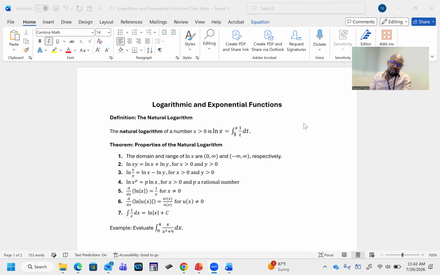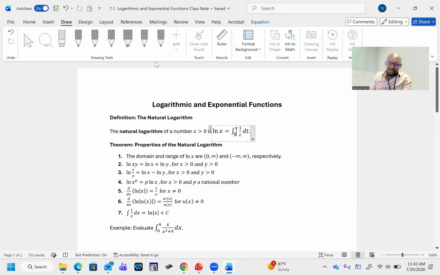So whatever inner function you have, to find its derivative, it will be the derivative of the inner function divided by itself, for u of x different from 0. And don't forget, the antiderivative or the integral of 1 divided by x dx is always ln of absolute value of x plus c.